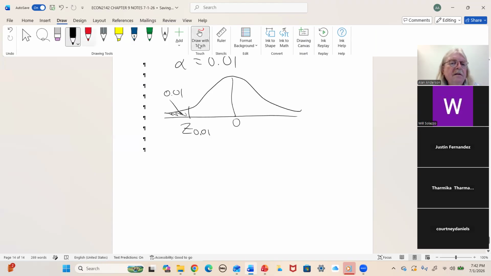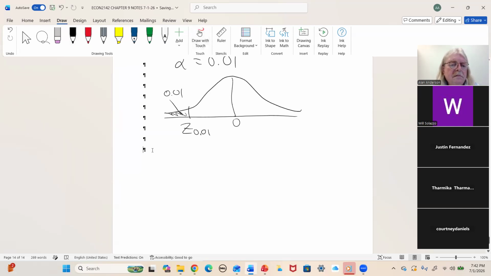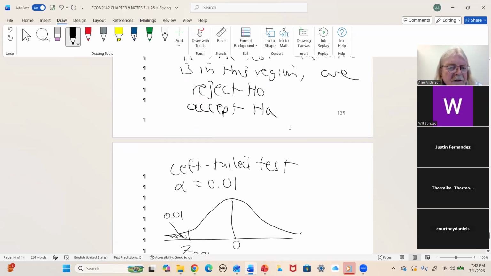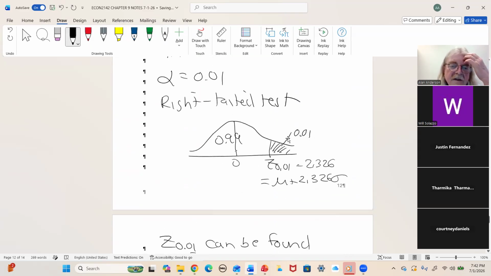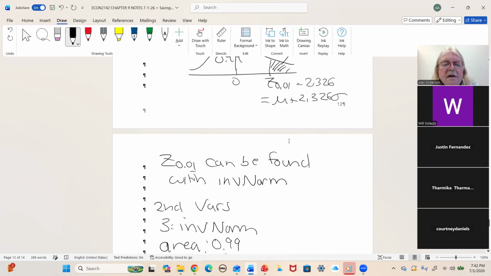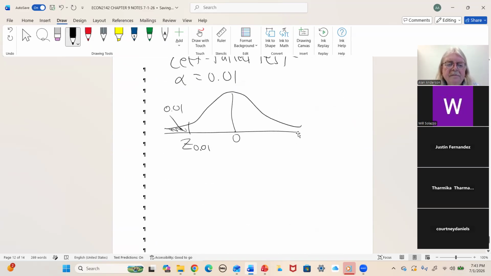Get this out of the way. So again, with the left tail test, the critical value that we check against our test statistic, we can find it with INV norm, but we technically don't need to because we understand the property of symmetry.